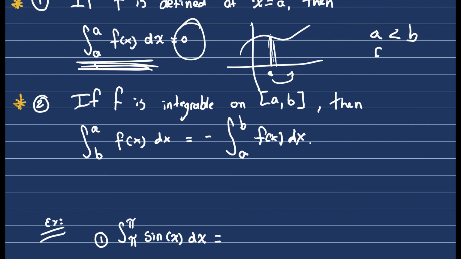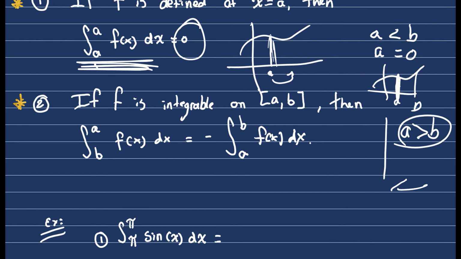Now we explored the case when a was equal to b, under a curve from a to a. Now this one is saying, what happens when a is greater than b? Pretty much it's kind of like the negative direction. Well, this one is really simple. We have this property, it is the inverse of that.